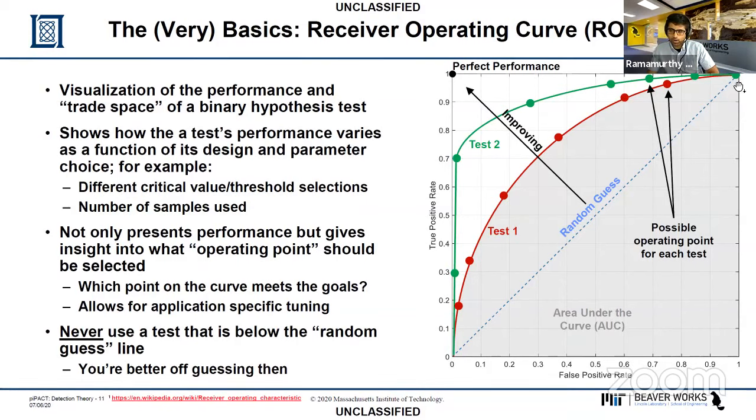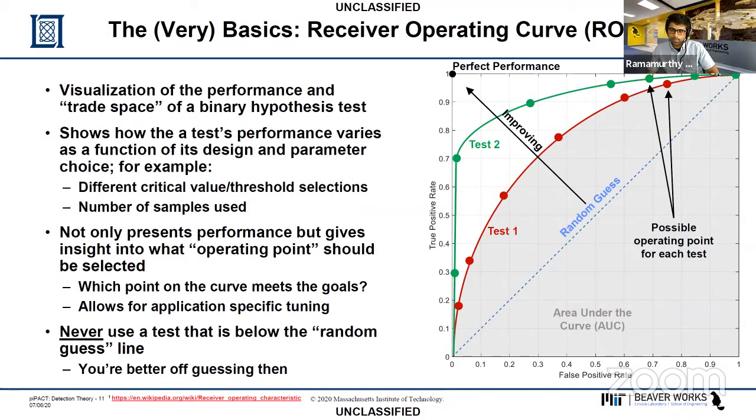That's what we call the random guess line, because at this point it's basically a 50-50 guess. You could flip a coin and get the same result. If you're below this line, you're actually doing worse than random guessing. You're making more false positives than true positives.